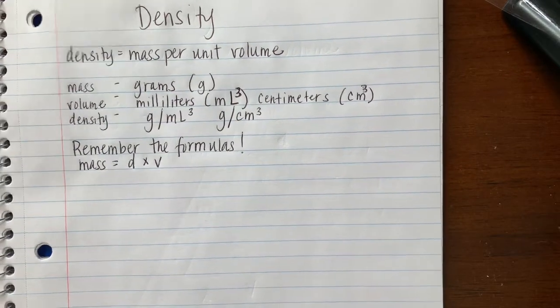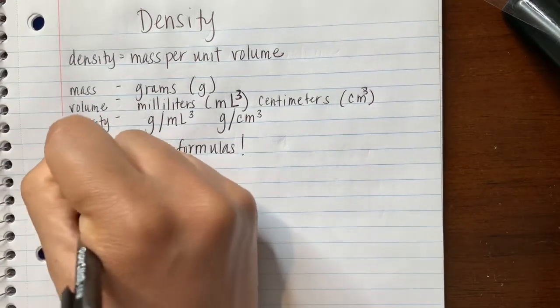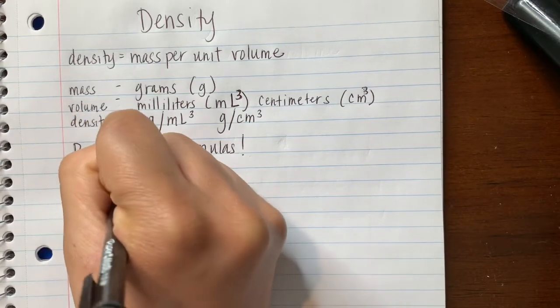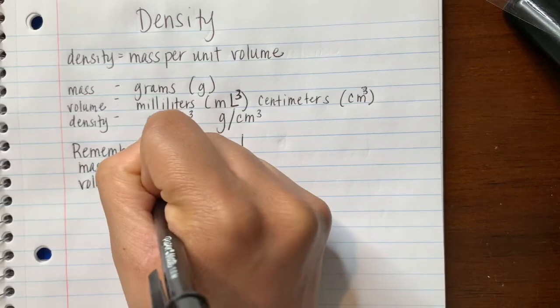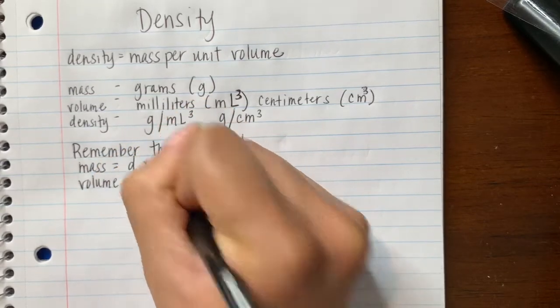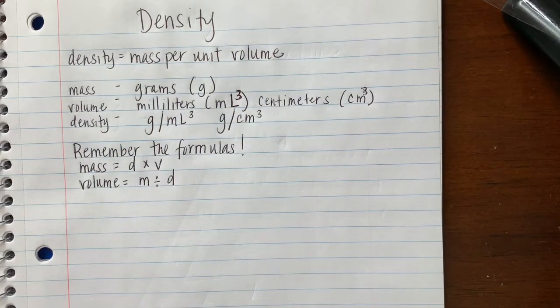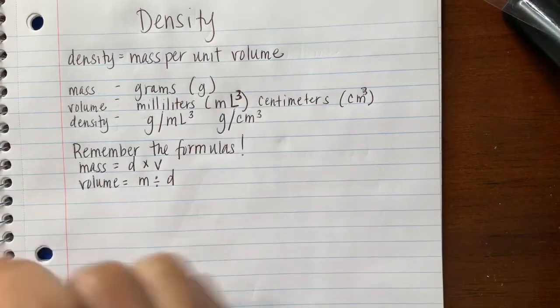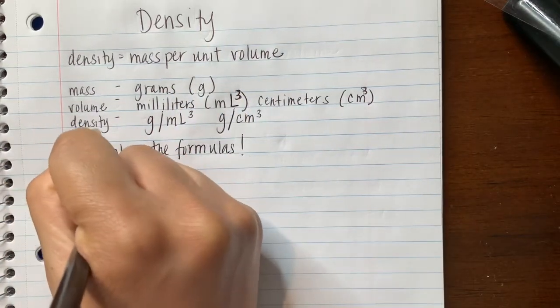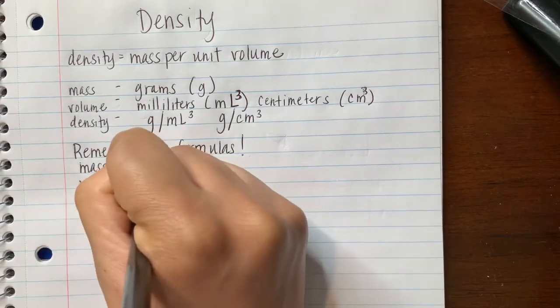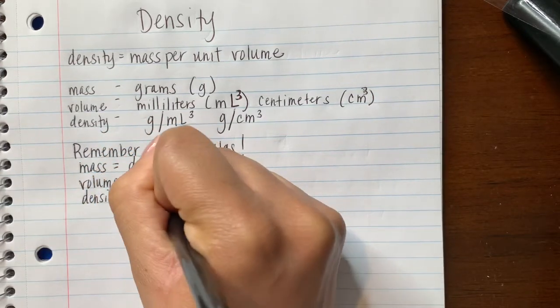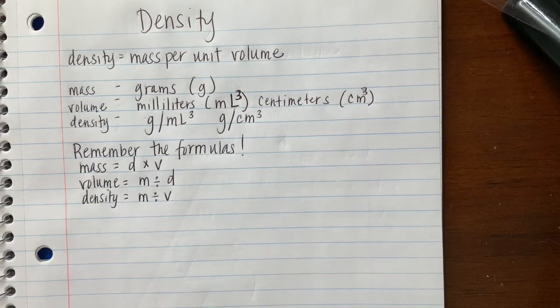If your question asks for you to solve for volume, your formula is mass divided by density. Now, if your question asks you for our main focus today, density equals mass divided by volume.